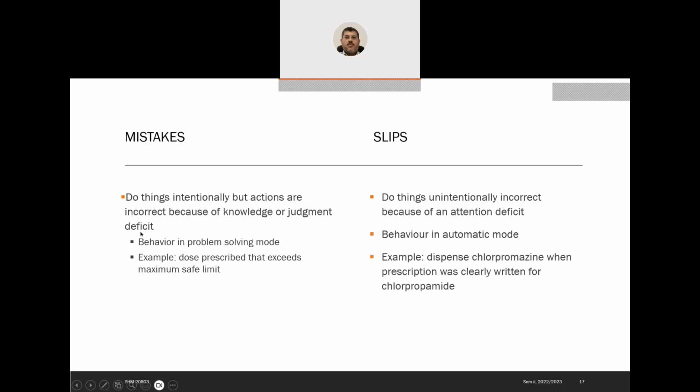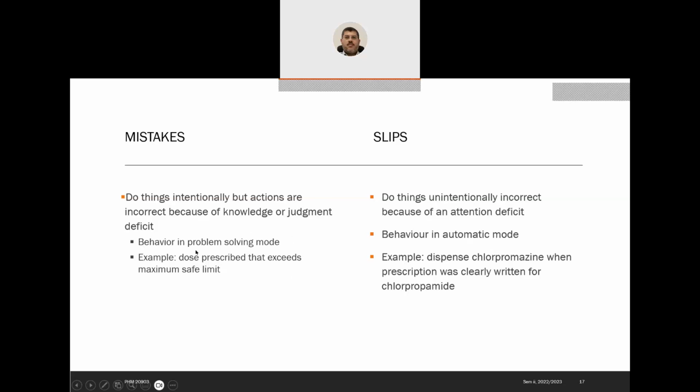So we do something, we know that we are doing it, but it is wrong because of our lack of knowledge. For example, a dose prescribed that exceeds the maximum safe limit, because of lack of knowledge about the dosage range for this medication.